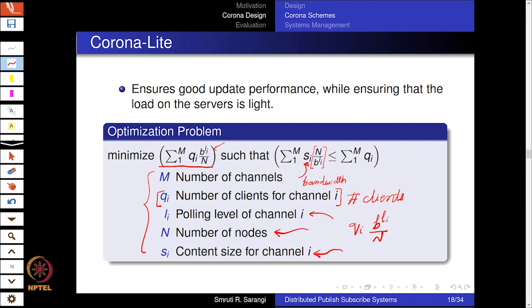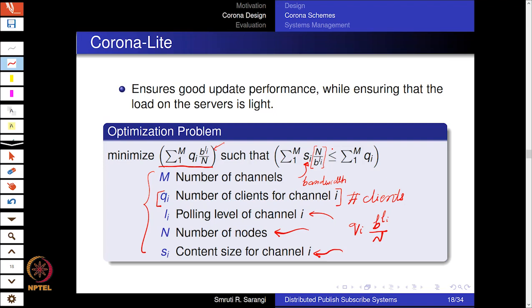So if I were to add up the collective bandwidth of all the servers, for all the channels, the collective bandwidth for all the channels has to be less than or equal to the number of clients, and this is a bandwidth constraint. The reason that this is a bandwidth constraint is that, look, if this was equal to the number of clients, we didn't need Corona.